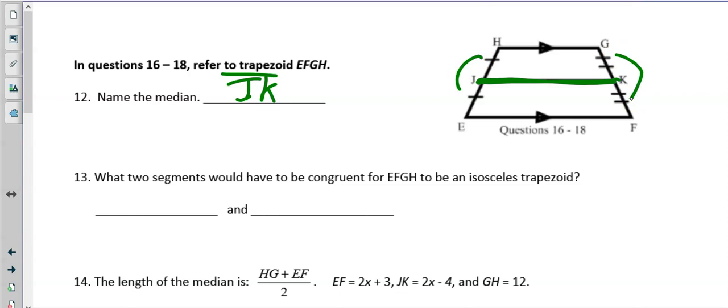So it splits those two legs into equal pieces, right? It bisects the legs. What two segments would have to be congruent for EFGH to be an isosceles trapezoid? And that would be HE and GF, the legs.